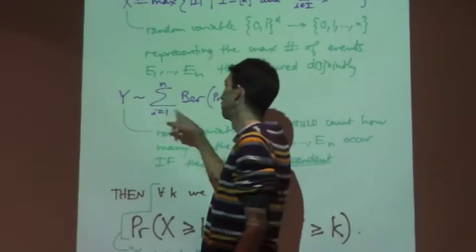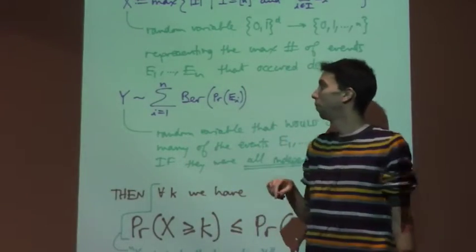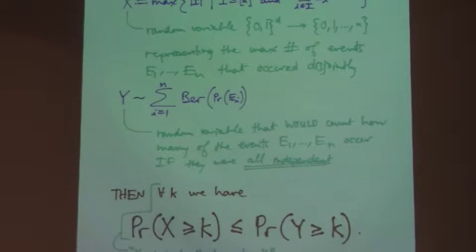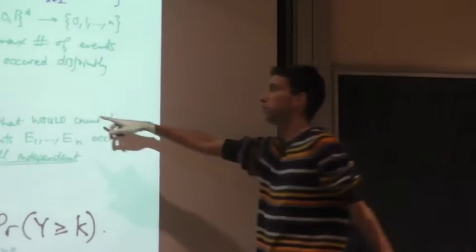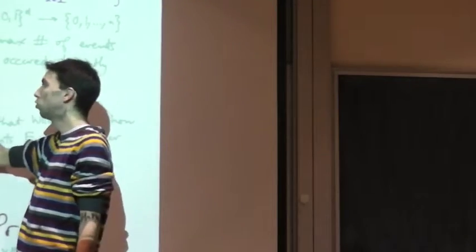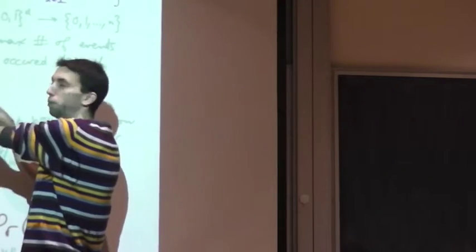Y is another random variable, which is just the distribution on how many of them would occur if they were all occurring independently. Right, so this is the sum over all the events of the Bernoulli of the probability of the event.